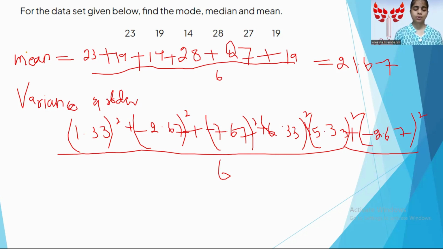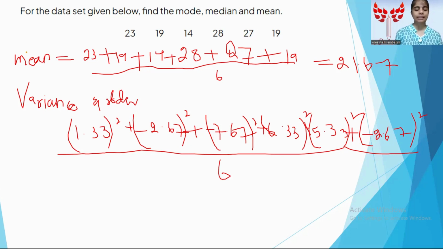Okay, and then divide by 6. Also, you people should tell me the answer in the comment box. But I hope you really understood the method.